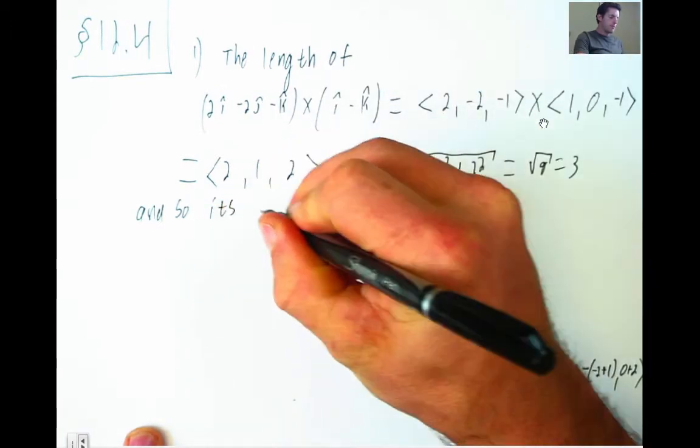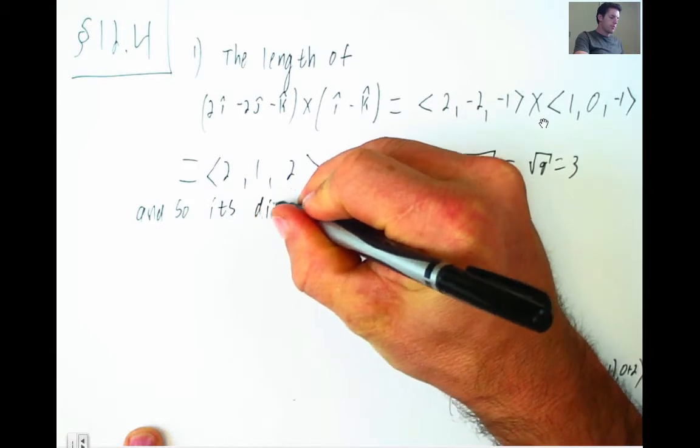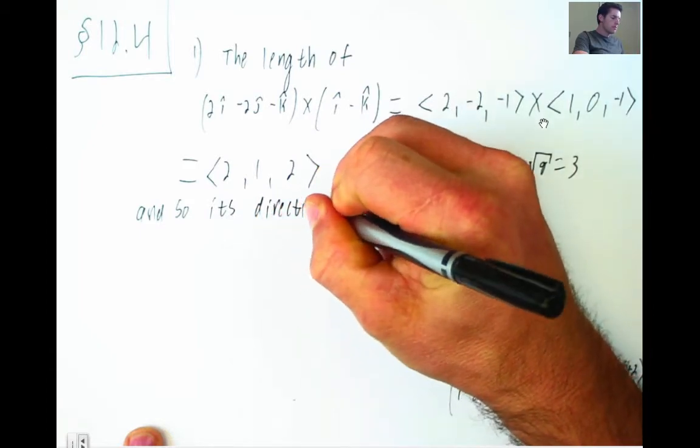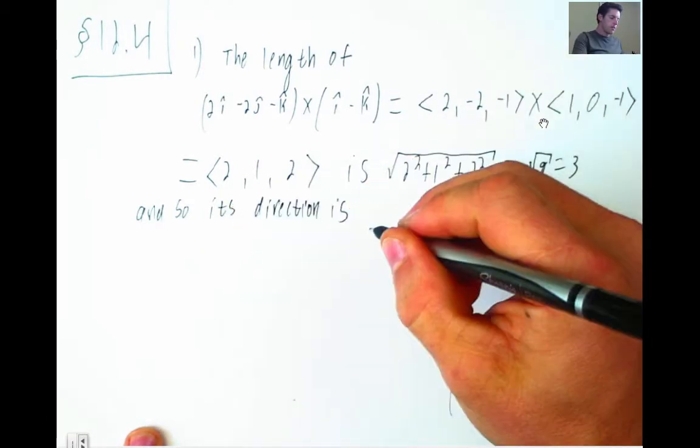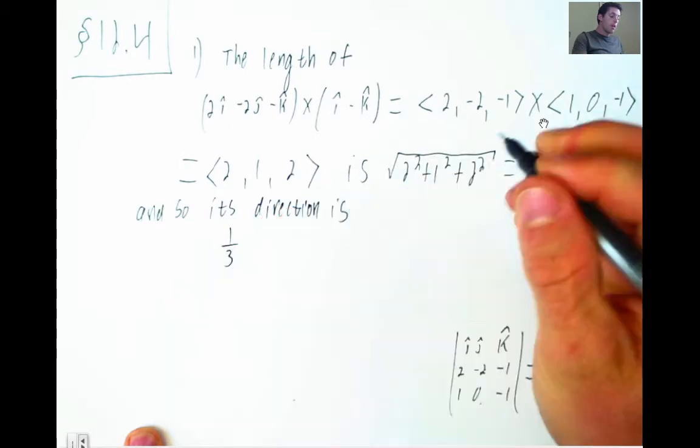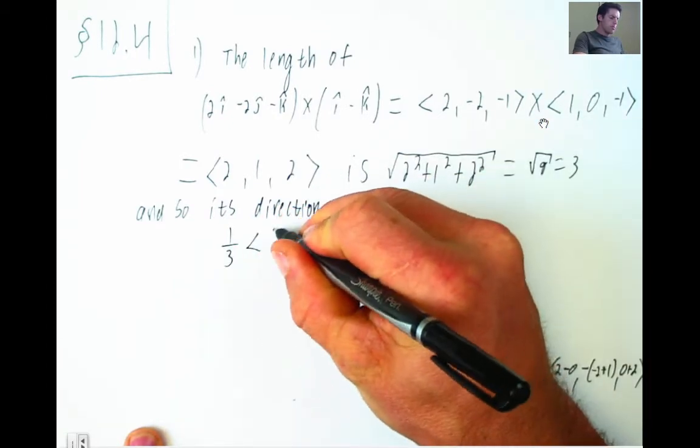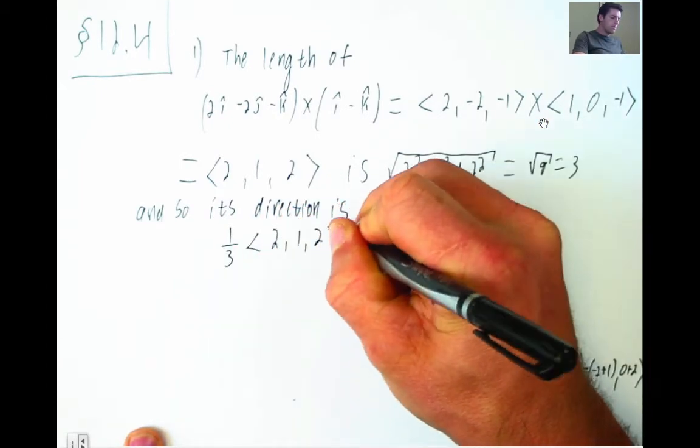Its direction is, the direction is always 1 over the magnitude, 1 over 3, times the vector, 2, 1, 2.